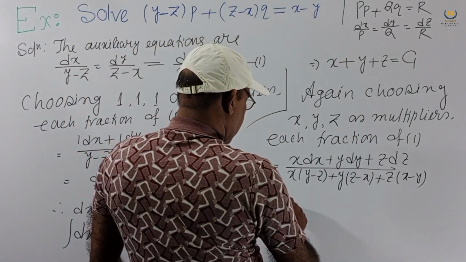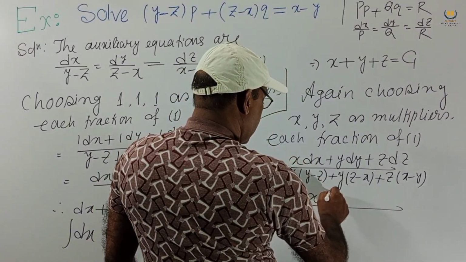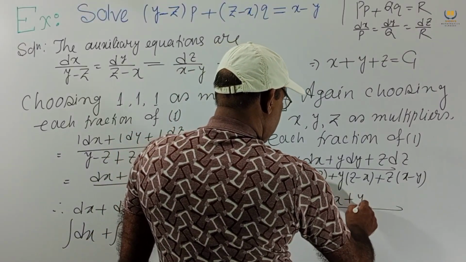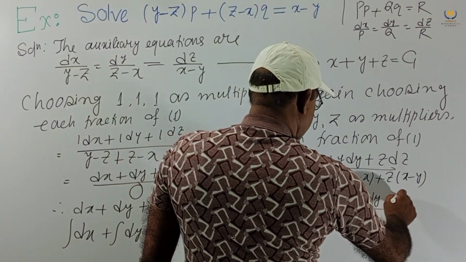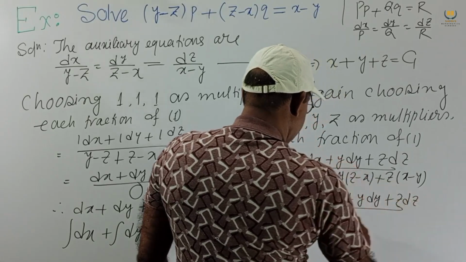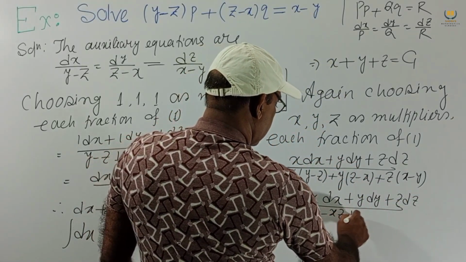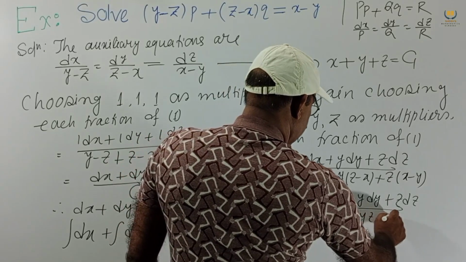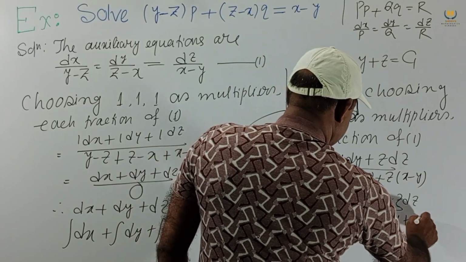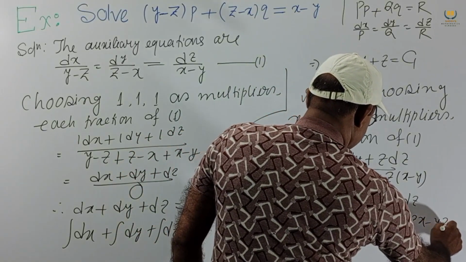So this implies x dx, y dy, z dz over xy − xz, yz − xy, zx − yz.